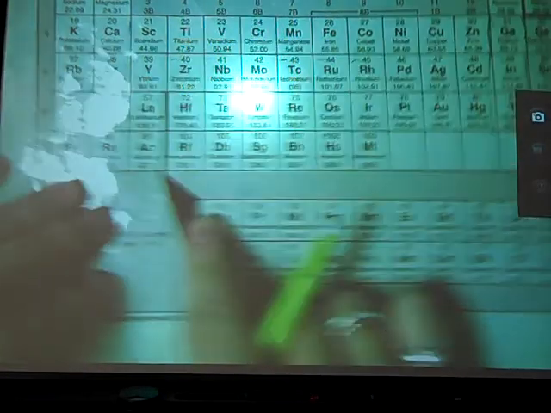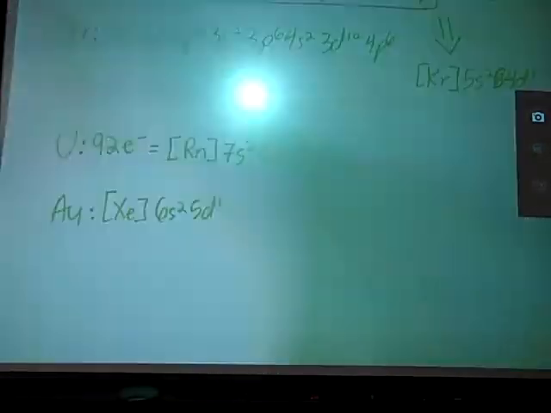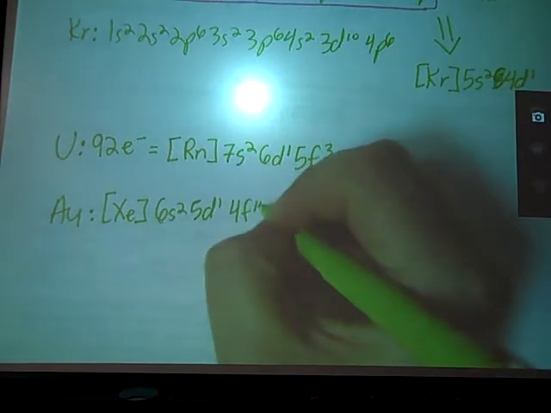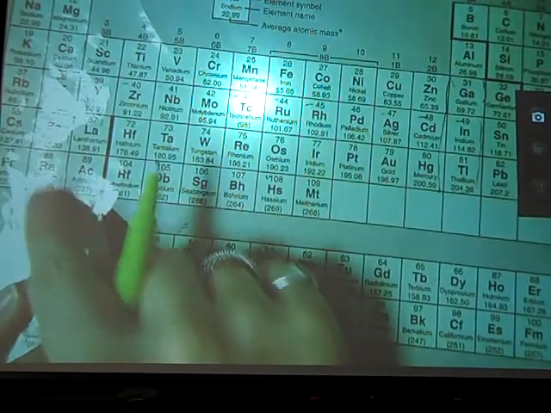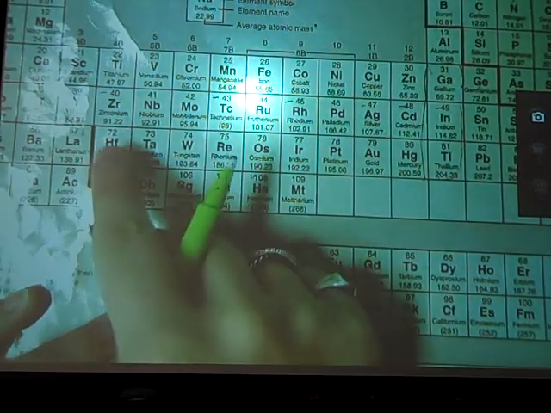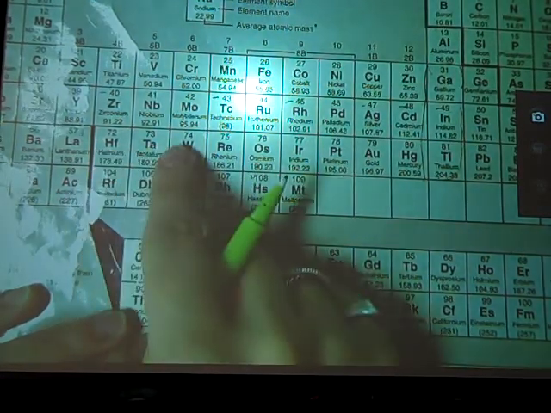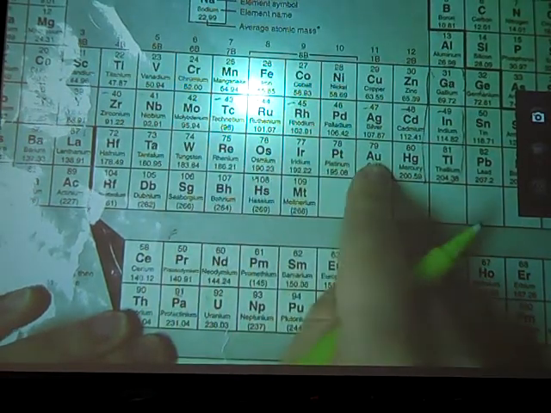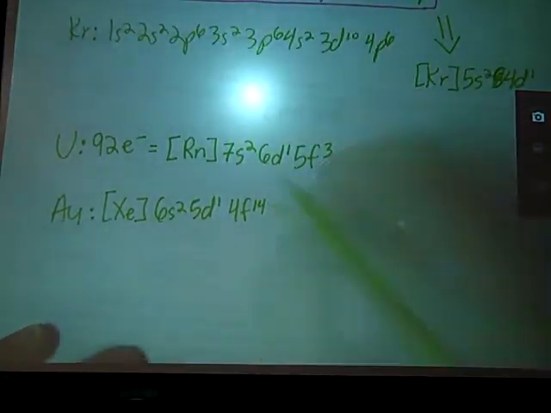Downwards we go to 4f all the way across is 4f14. Then back up to the d's. So as soon as you run out of real estate on the f's here, we go back up our black line to the d's. 1, 2, 3, 4, 5, 6, 7, 8 more in the d's.